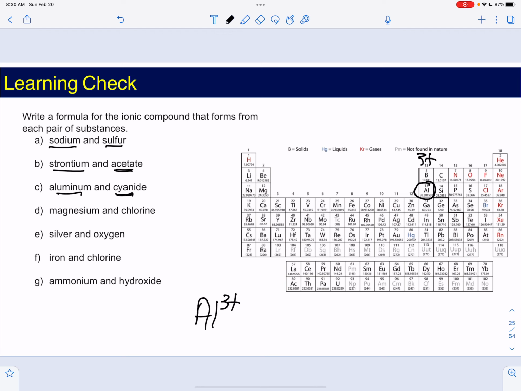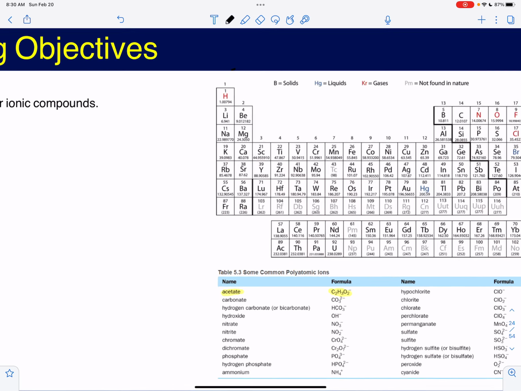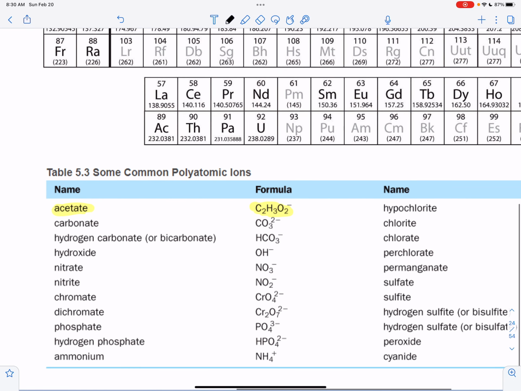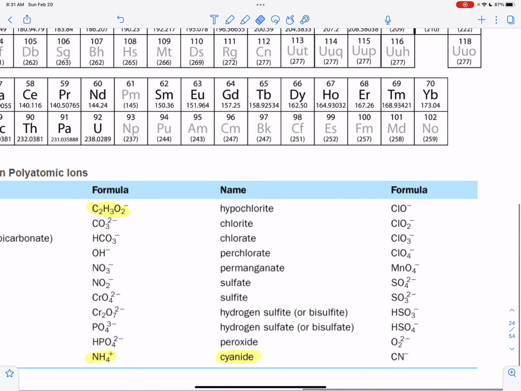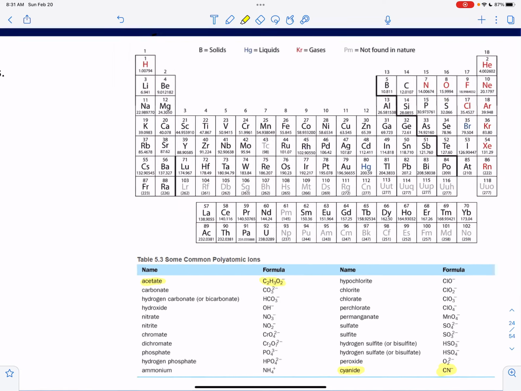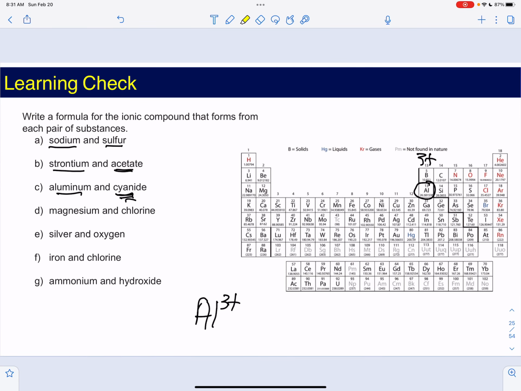And cyanide, if I look at the periodic table once more, I'm going to start collecting my Social Security because it's not going to be there. Cyanide is going to be a polyatomic ion, and it's going to be right at the end. CN negative.